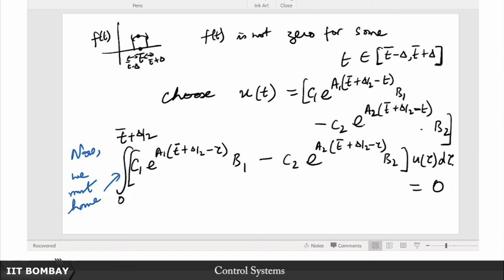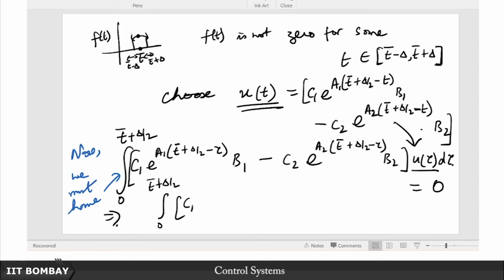But now notice, if I just plug this in here, what do I get? For this particular choice of u(t), this means that we must have this integration from 0 to t bar plus delta by 2. Notice this u(tau) is nothing but exactly this, you just replace t by tau here.